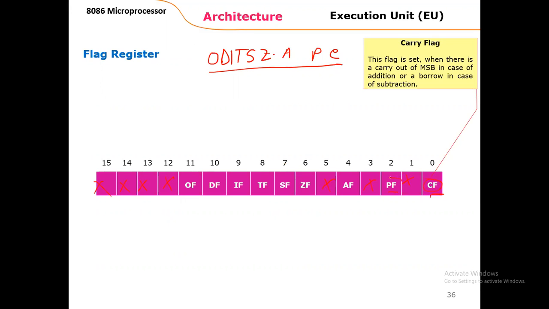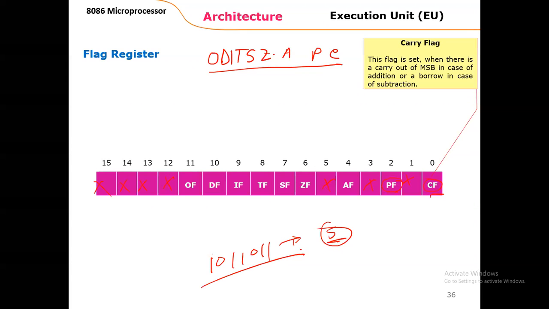This is the parity flag, the parity bit. You know that parity is of two types, odd parity and even parity. Parity means, suppose this value has a maximum of five 1s: 1, 2, 3, 4, 5. The total number of 1s is equal to 5.